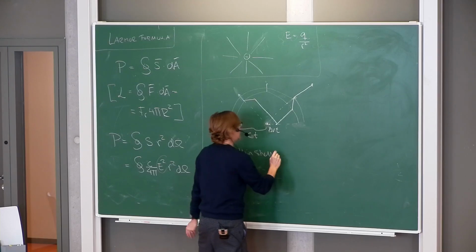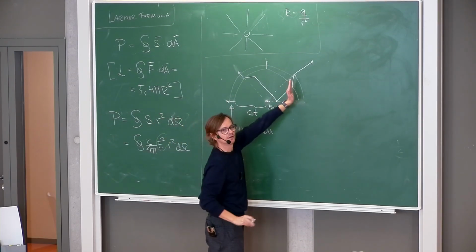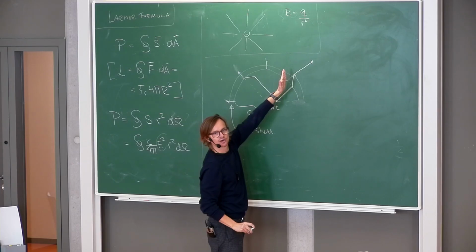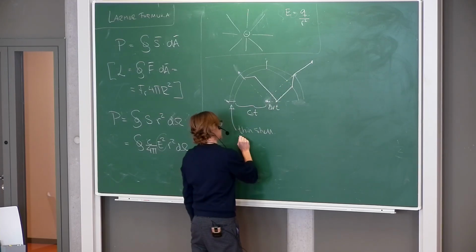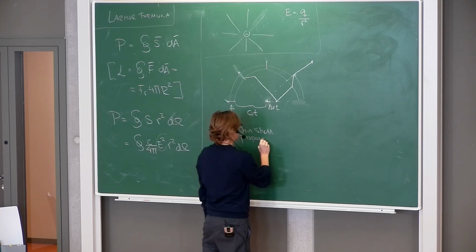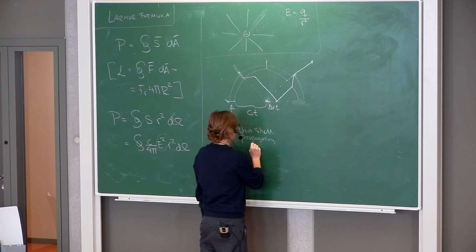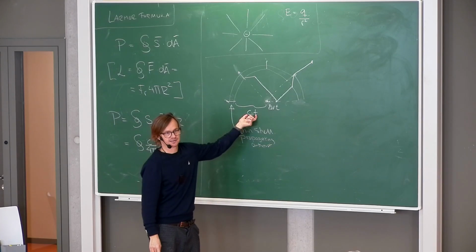So what you get then is some sort of tiny sphere, a thin shell here, where your electric field lines are disturbed. And this shell is propagating outwards, of course, according to this, right?